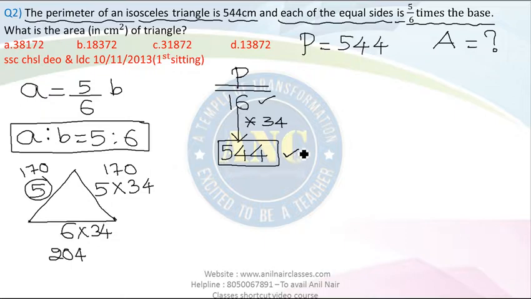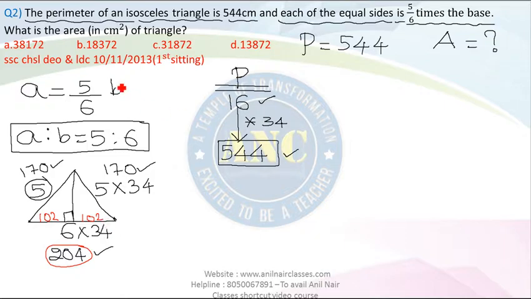According to the question, it is 544. So the actual sides are 170, 170 and 204. Now this is an isosceles triangle. I know that if I drop the perpendicular, it becomes the median, perpendicular bisector. In fact, the 204 will be equally divided as 204 by 2, 102, again 102.